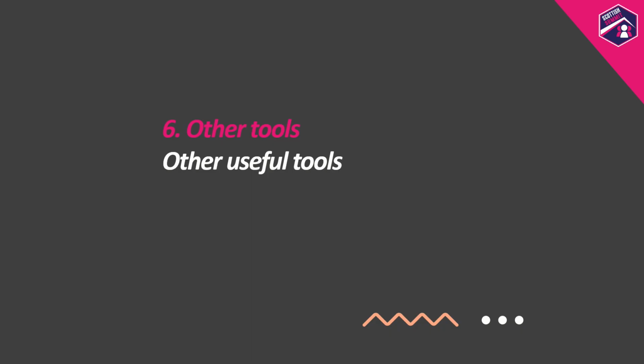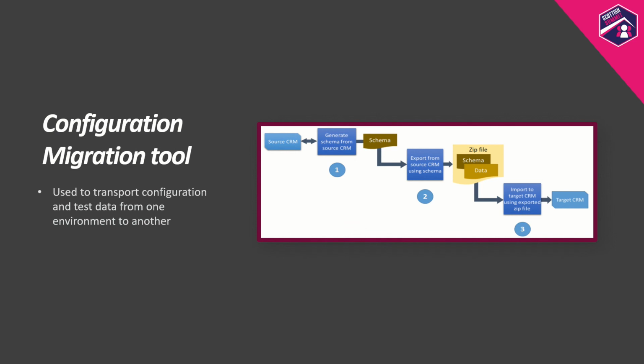And now we'll finish with some other tools that are also useful and that we can use when we develop Power Apps portals. So we have the Configuration Migration Tool. In the previous slides, I mentioned that I generally use the Power Apps portal mover to move my data from one environment into another, so to deliver my configuration.